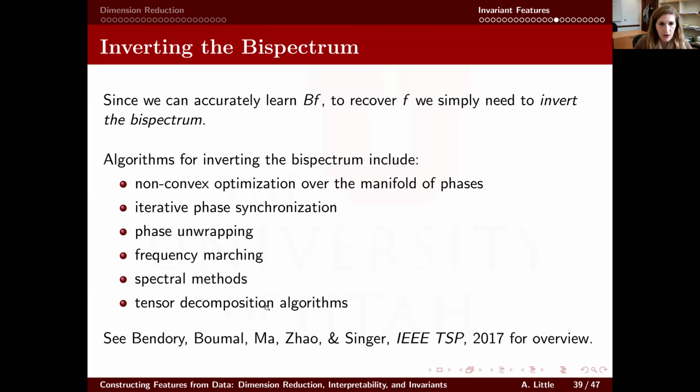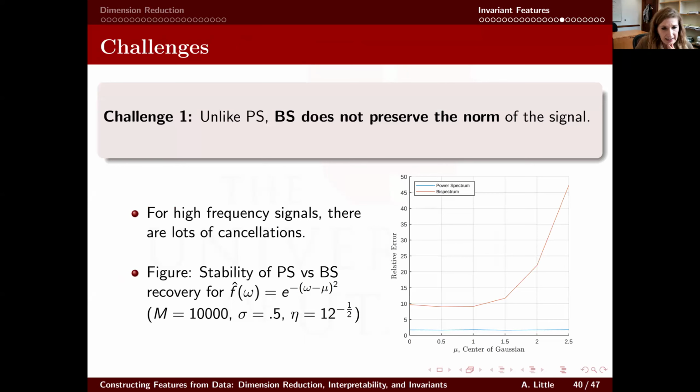So it seems like, okay, problem solved, but I want to end by pointing out why it's still not quite solved, why there are still a lot of challenges to think about in this area. One of them is that, unlike the power spectrum, the bispectrum, the more descriptive translation invariant feature, does not preserve the norm of the signal.